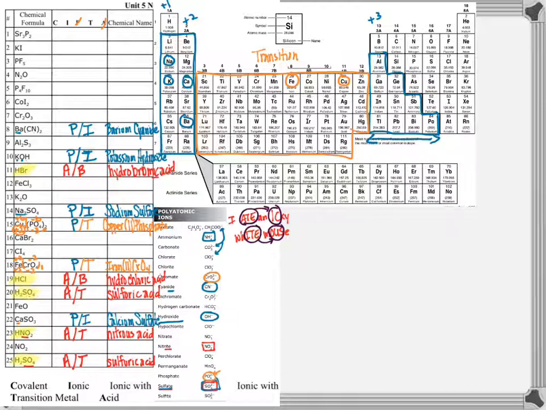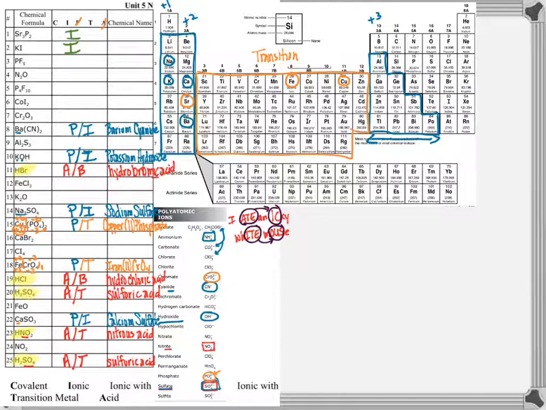So again, I have to look for these on my periodic table of elements. And so I'm going to look for Sr. Sr is in group 2. So it's going to be ionic. Let me change this color to green.